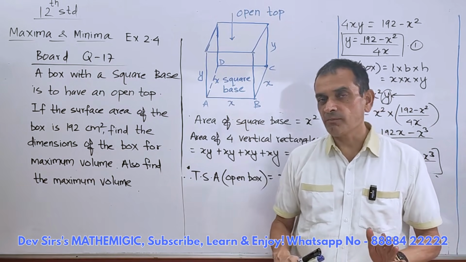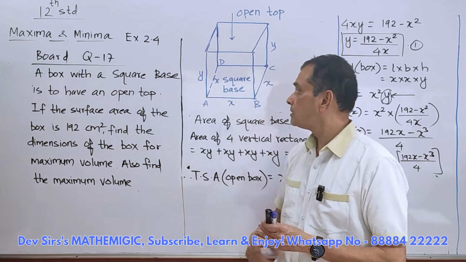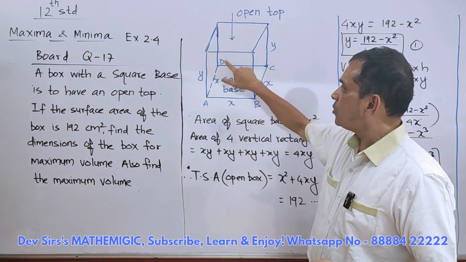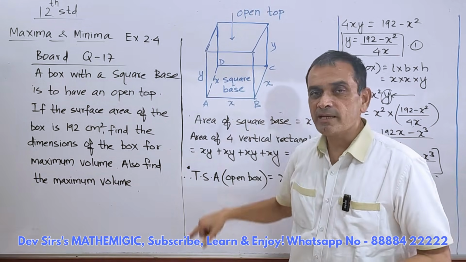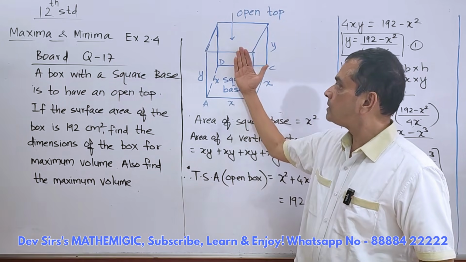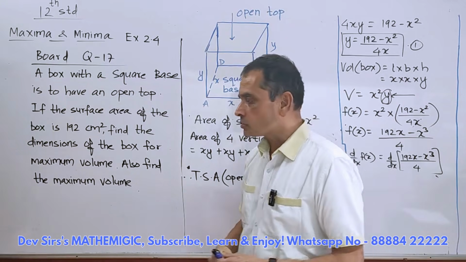क्या करना है maxima minima के लिए? Okay. First of all, open box, open at the top with a square base. उसका base square है और 4 vertical rectangles are there. I'll just show you. I have a box over here.